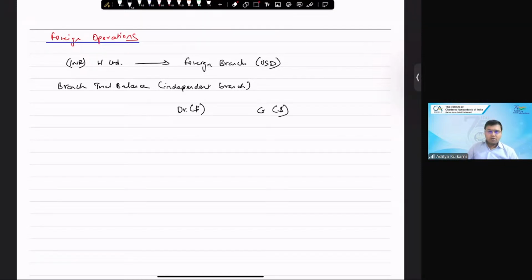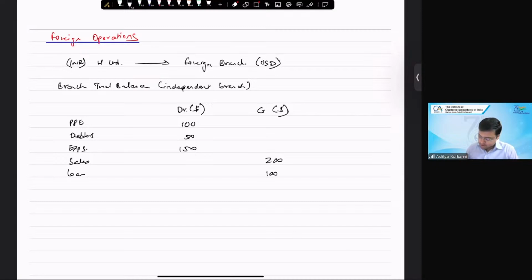I have property, plant, equipment 100, debtors 50, expenses at the branch 150, sales 200, and loan 100.